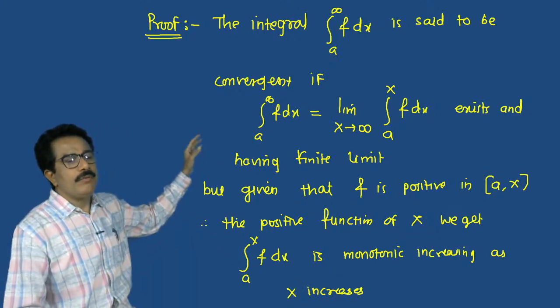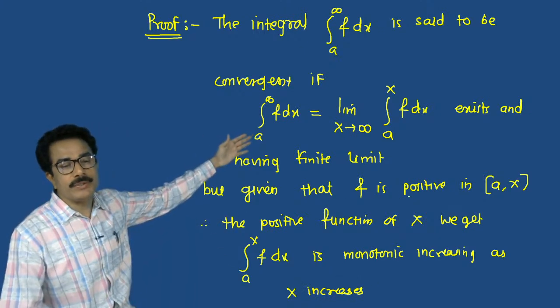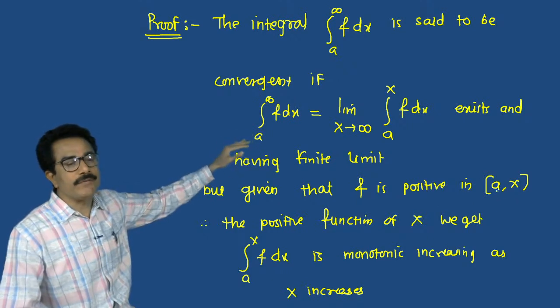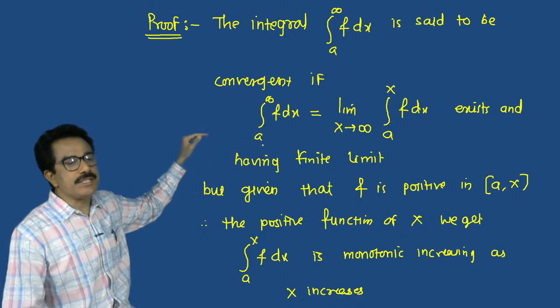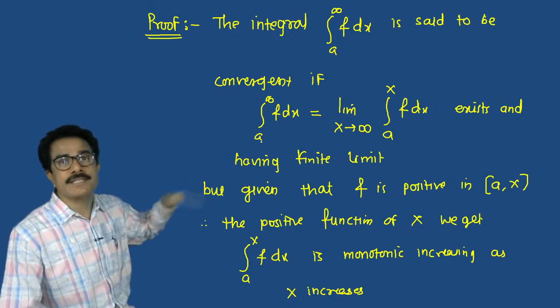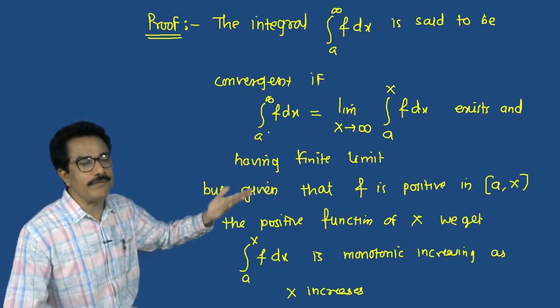See this, but we have given that f is a positive in closed interval a to infinity. Now in the range a to infinity, the values of x are going on increasing up to infinity.